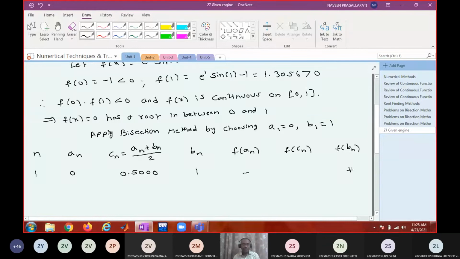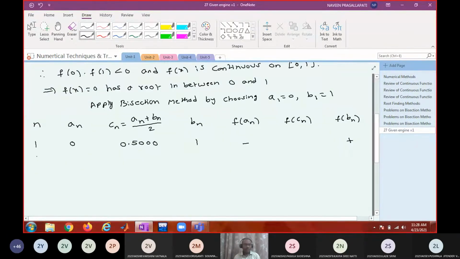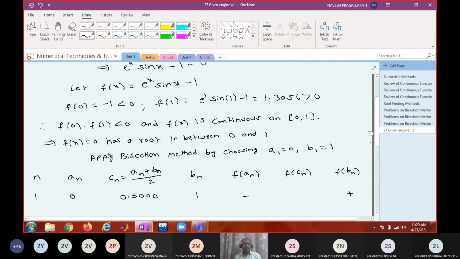Is it positive or negative? E power 0.5.